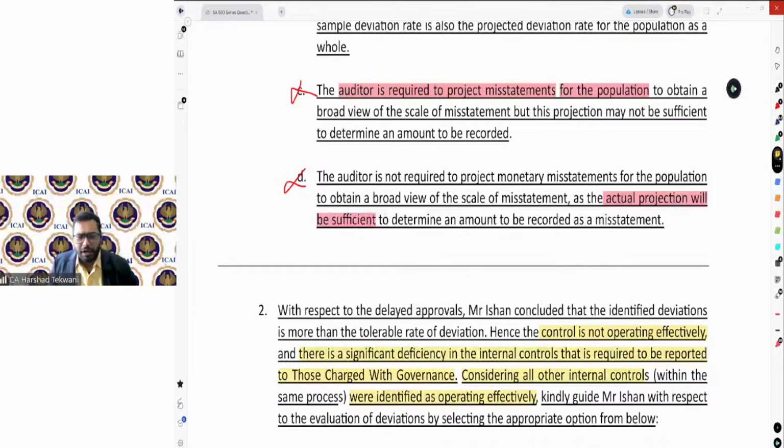When I say deficiency in the internal control, what do you mean by deficiency? Come on, guys, I'm waiting for your answer. What do you mean by deficiency?